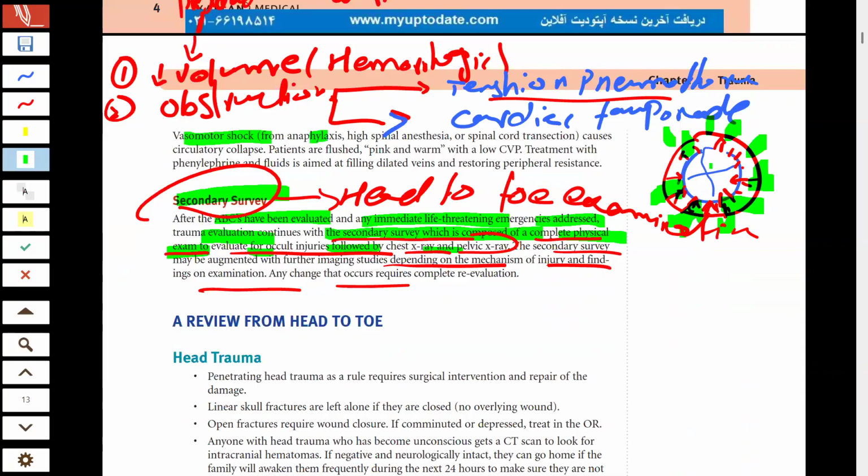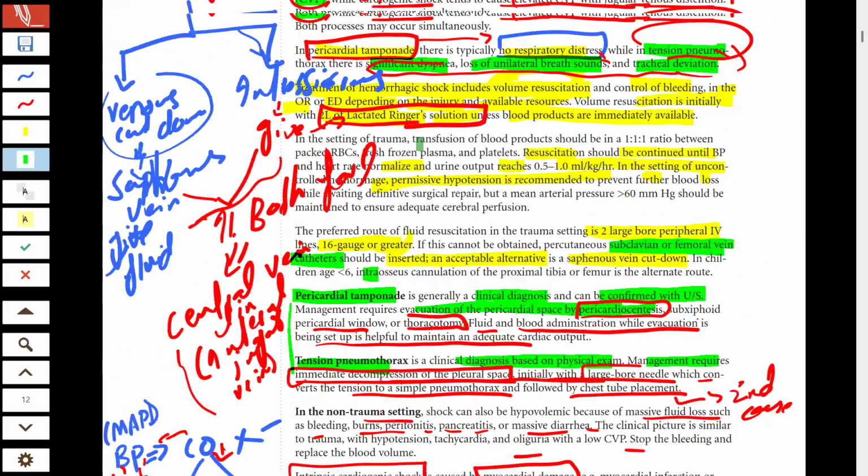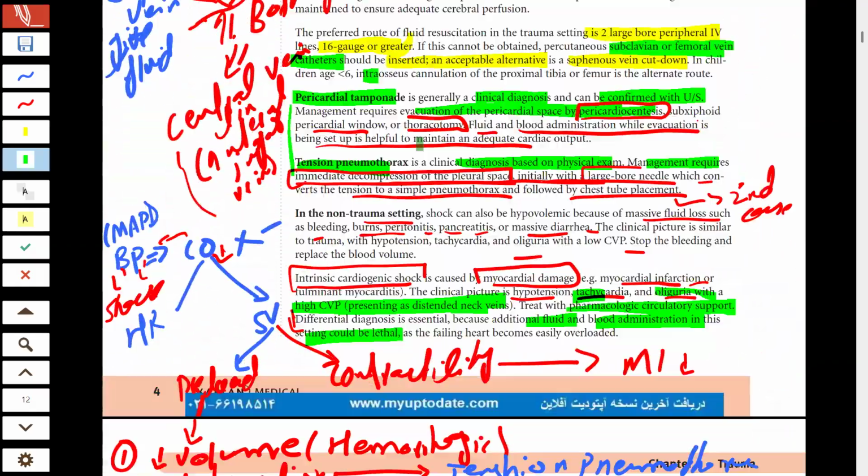Vasomotor shock is anaphylaxis. So here I write the formula of the BP. BP is equal to cardiac output multiplied by one more thing, TPR, total peripheral resistance.